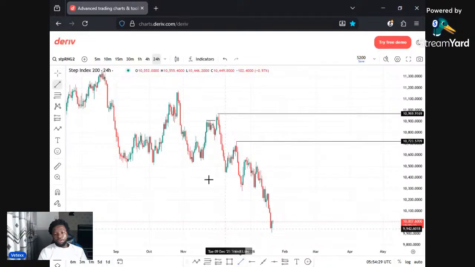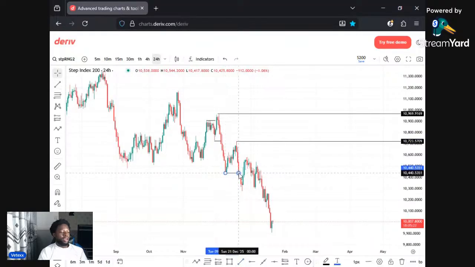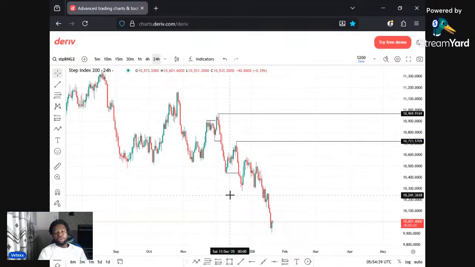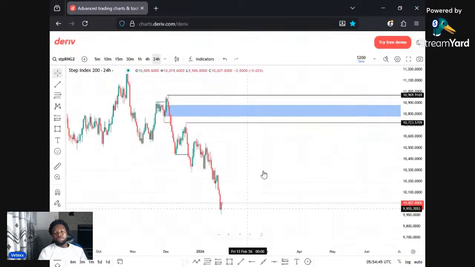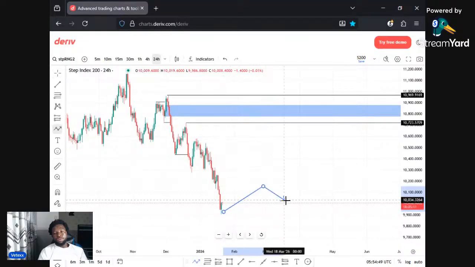I hope you all are following. First break of structure and then second break of structure. This is easily spotted. If you understand this, you can easily spot it anytime, any day. And this is our 24-hour point of interest. So we anticipate price to move and come into this zone.